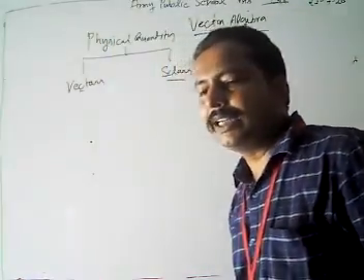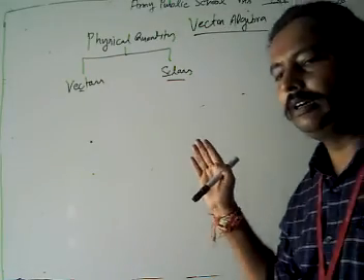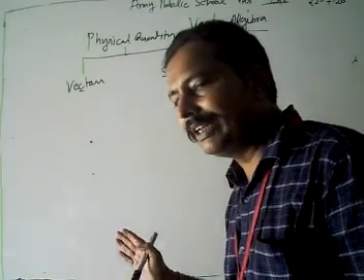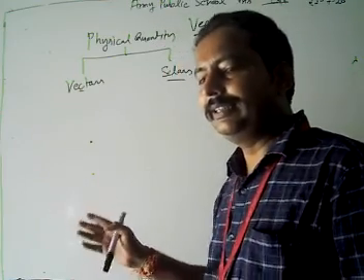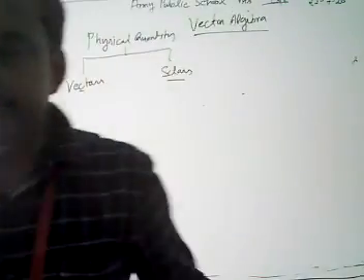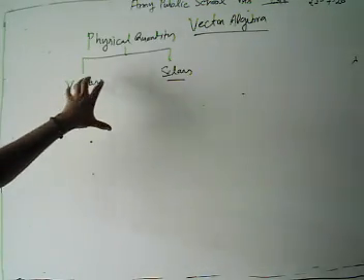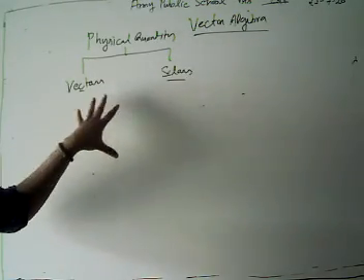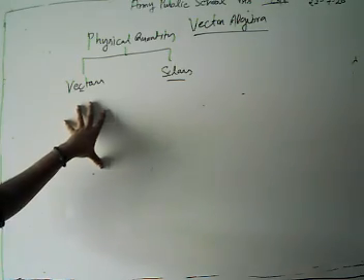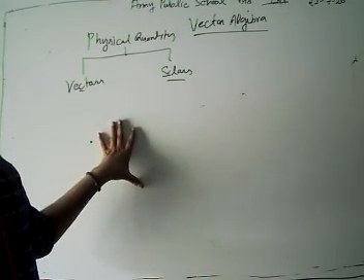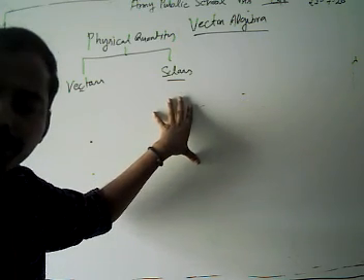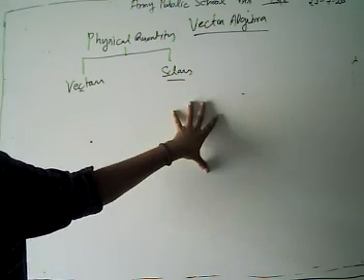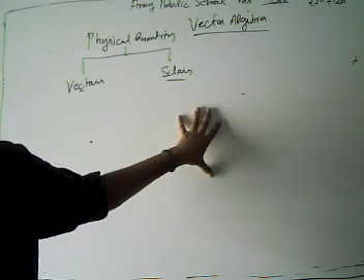A vector quantity is that quantity which deals with magnitude as well as direction. So in a vector quantity we deal with magnitude as well as direction, but in a scalar quantity we deal with only magnitude. It does not involve any direction.